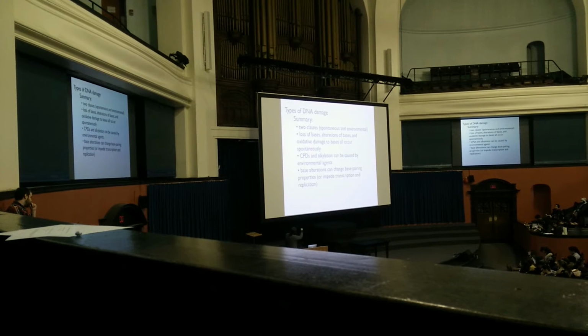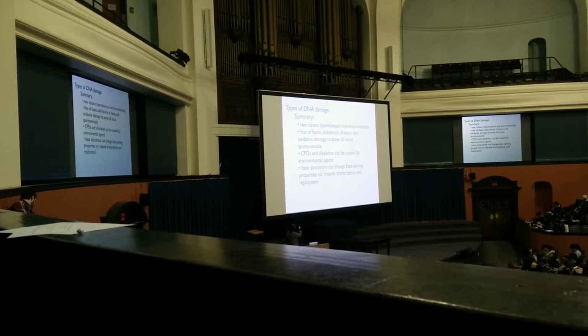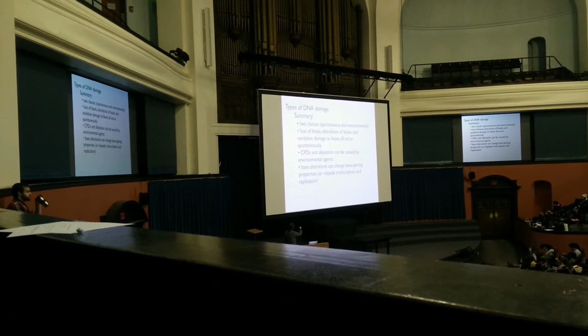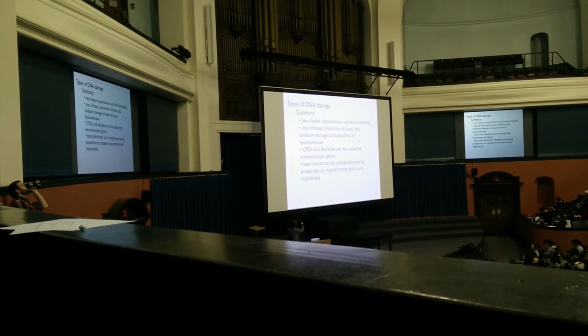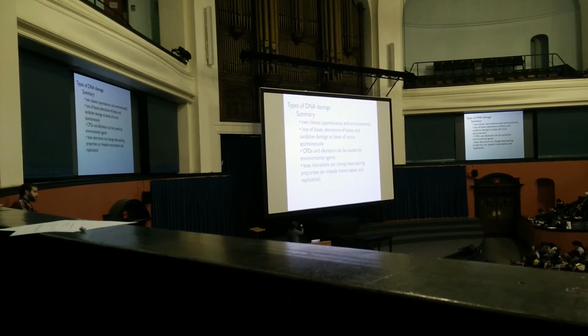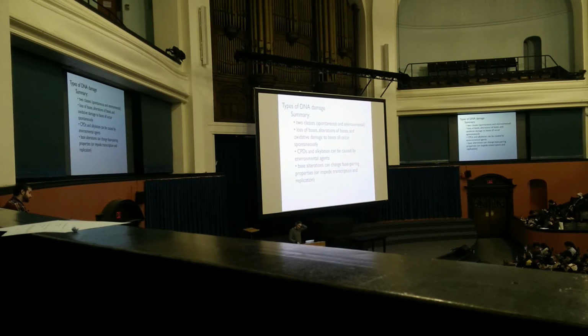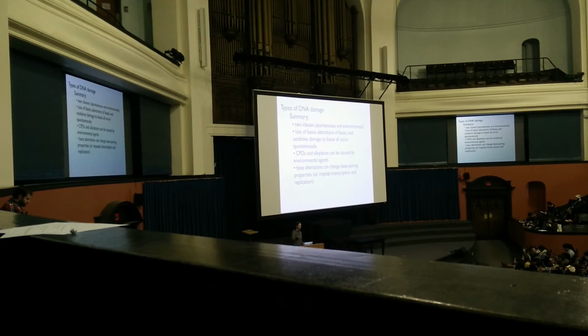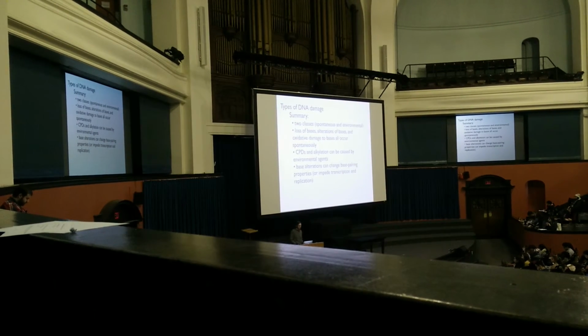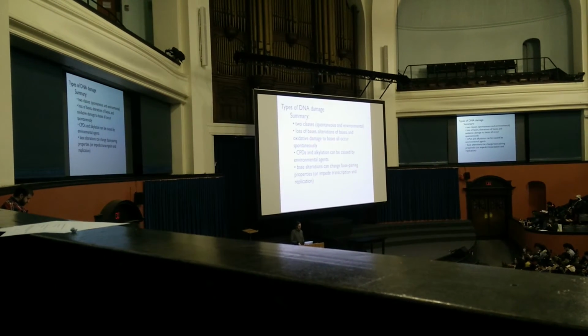CPDs and alkylation can be caused by environmental agencies, and the key common theme is that these alterations to the bases change the base pairing properties, and this alteration of base pairing properties can then lead in a subsequent step that's dependent on DNA replication typically to mutation.